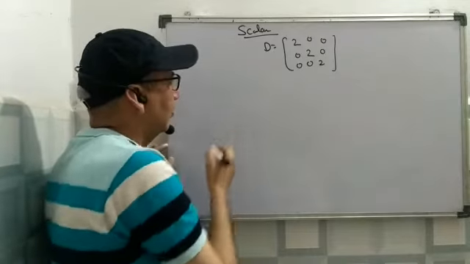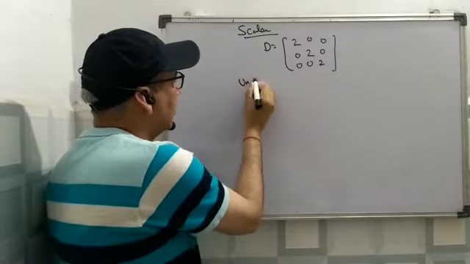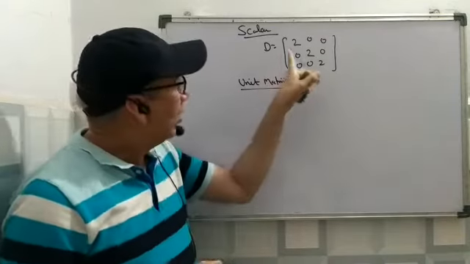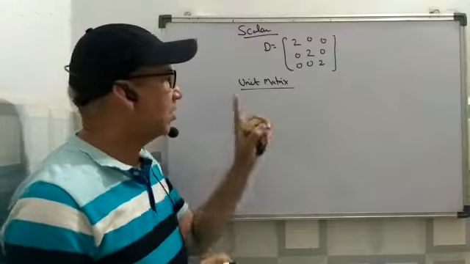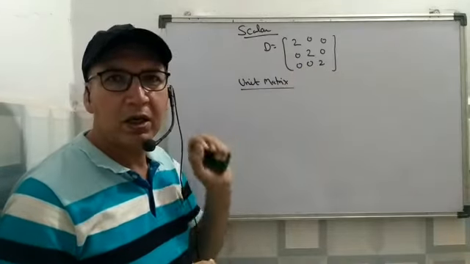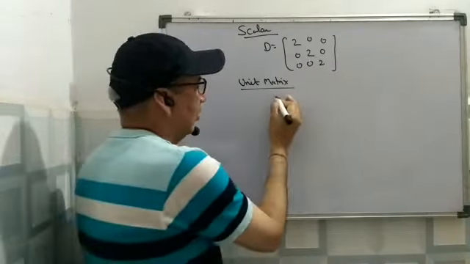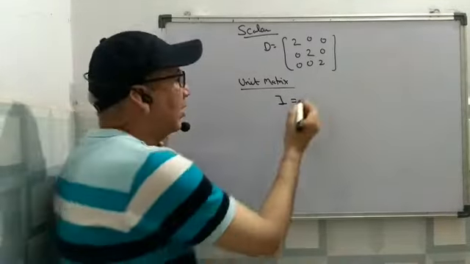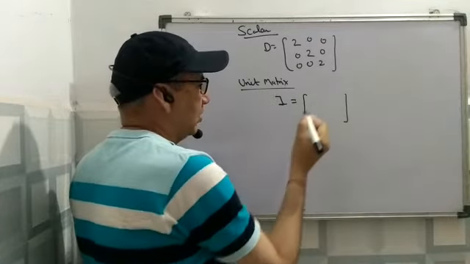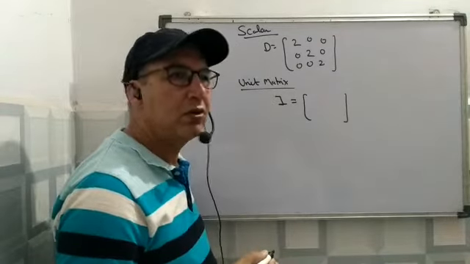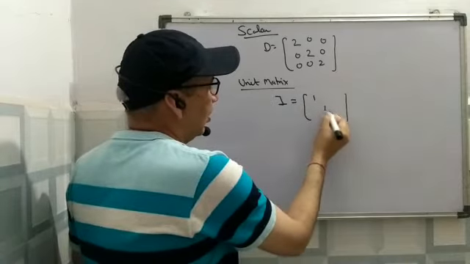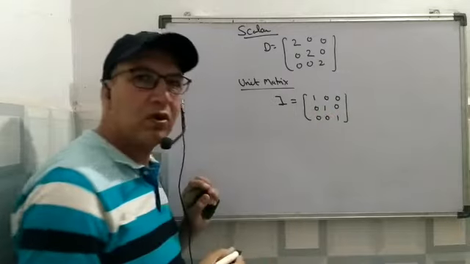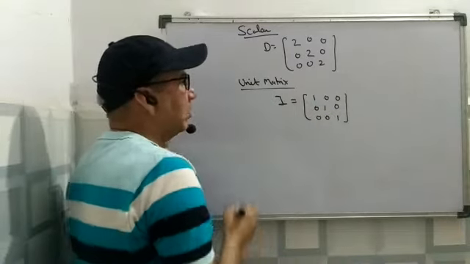After it, we have the unit matrix. A scalar matrix in which all the diagonal elements are unity, that is 1, is represented by I, and called the identity matrix or unit matrix.